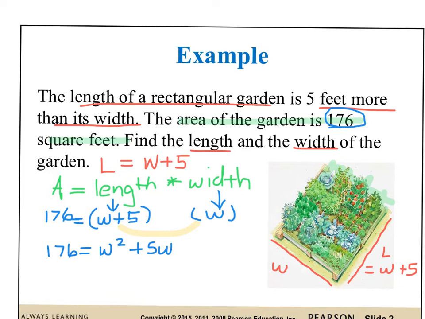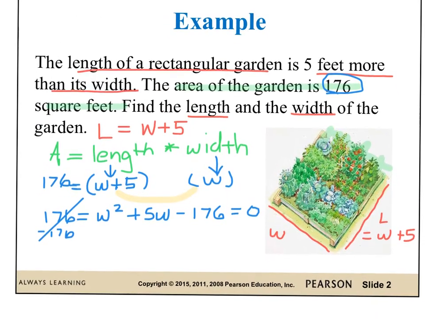So then we would subtract 176 from both sides, in order to have this set equal to 0. And so what we need to do to finish the problem now is solve that quadratic equation.